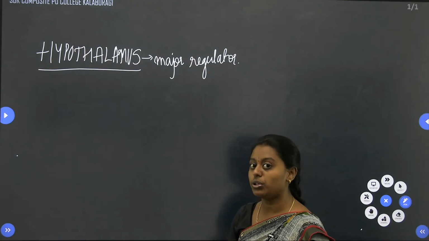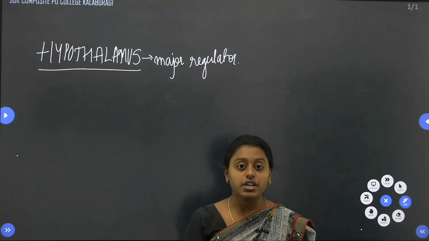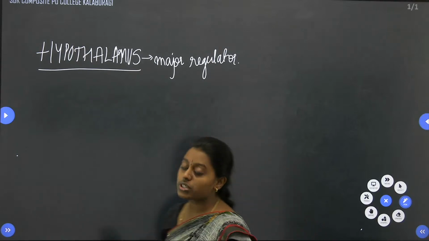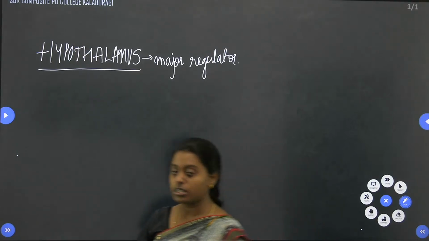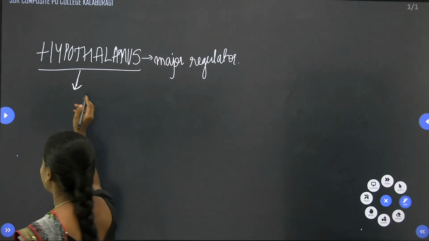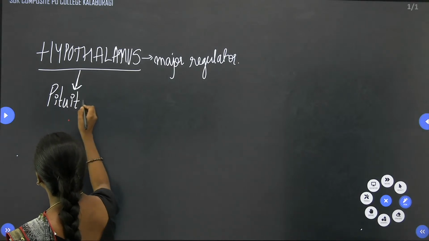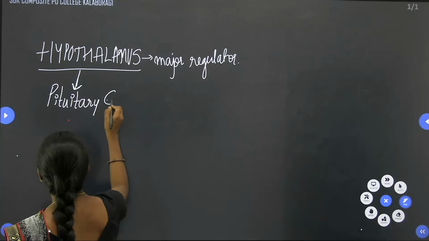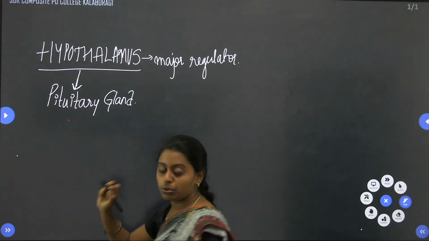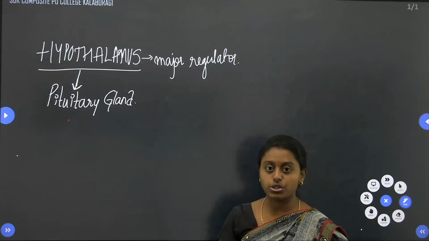The hypothalamus is part of the forebrain. It contains groups of neurons which have the ability to secrete hormones. The hormones secreted by the hypothalamus reach the pituitary gland, which is present just below the hypothalamus.